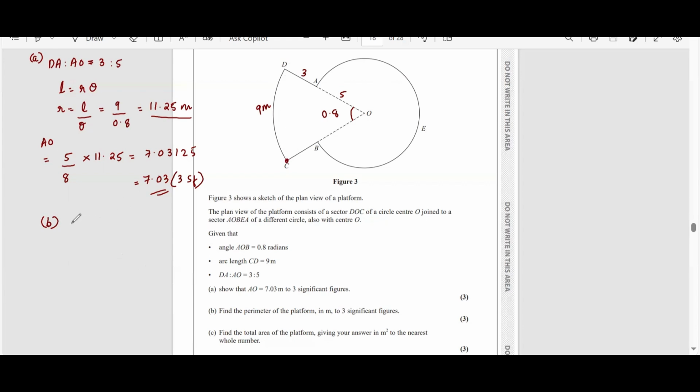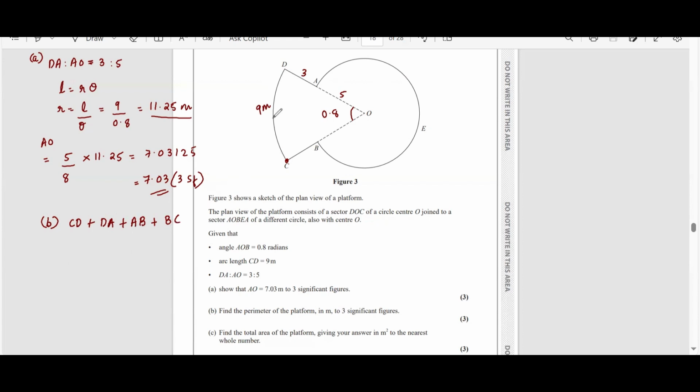So CD plus DA plus AB all the way, AB plus BC. We need to find all these lengths and add them up to get the perimeter.